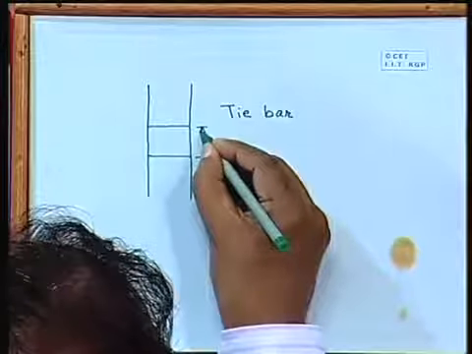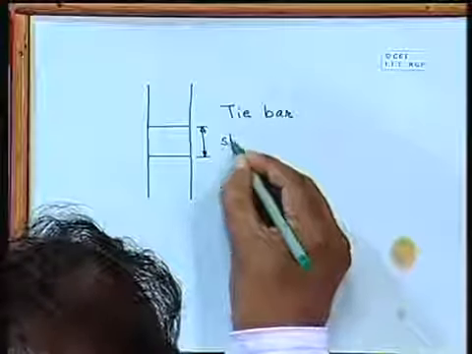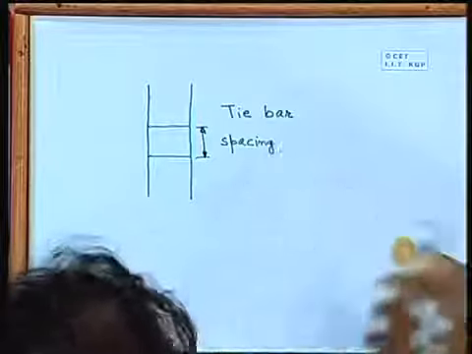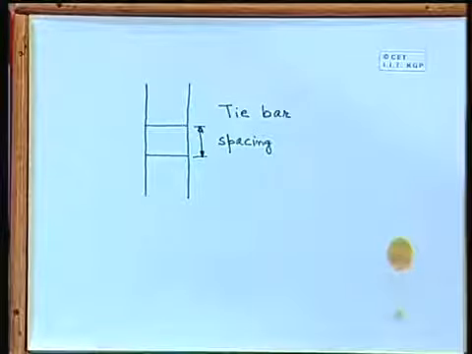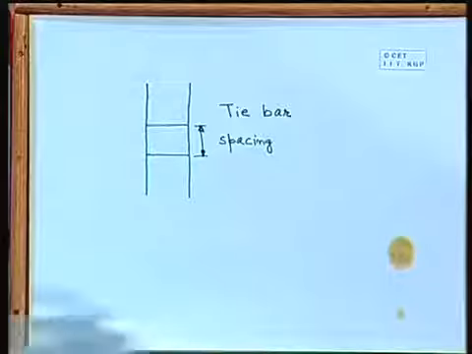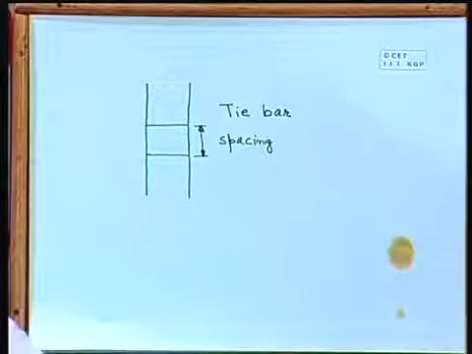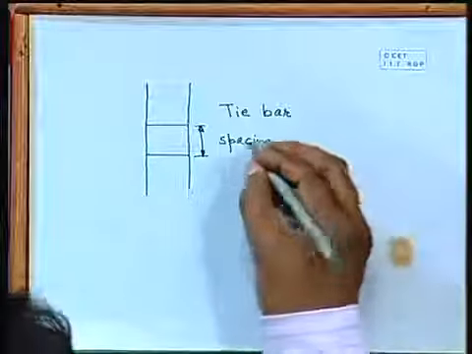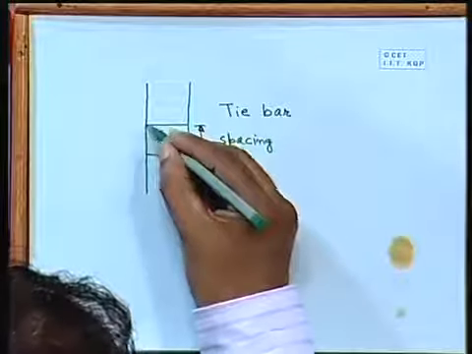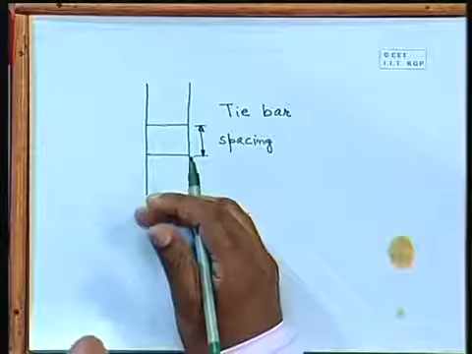So we have to provide the tie bar and spacing. If we do not provide it, what will happen?